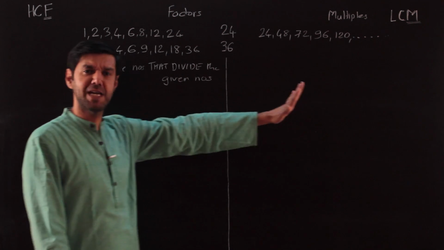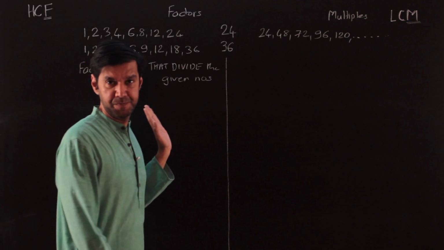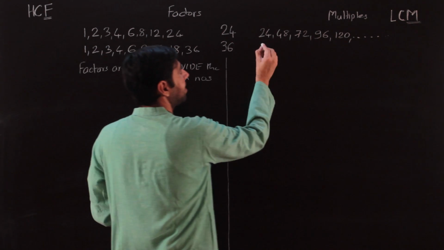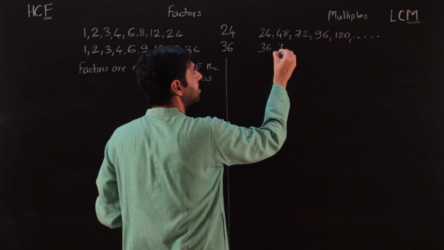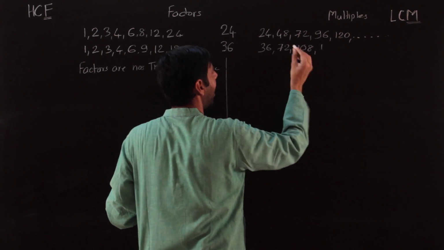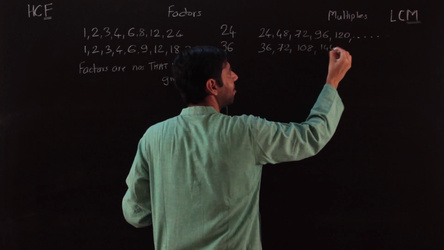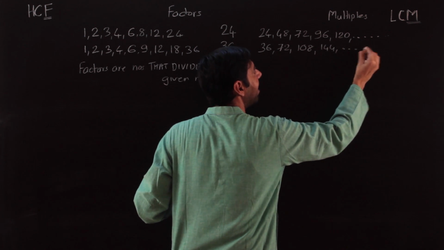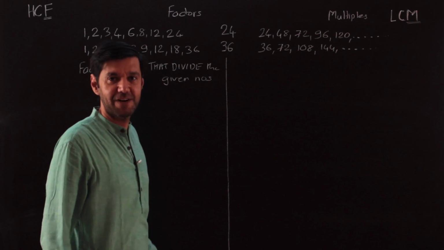So there are infinitely many multiples, unlike factors. Multiples of 36: 36, 36 2s are 72, 36 3s are 108, 36 4s are, add a 36 to this if you're not very strong with your tables, 144, and these will also go on infinitely.